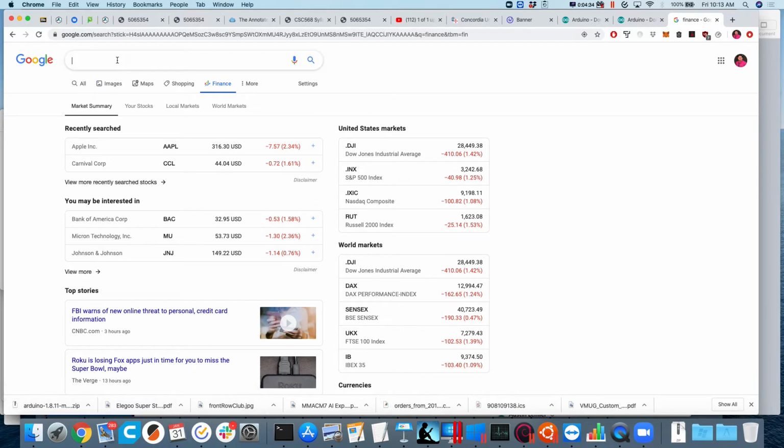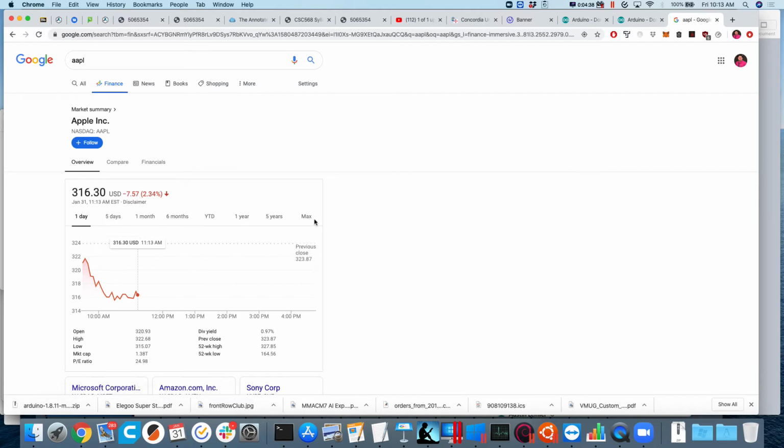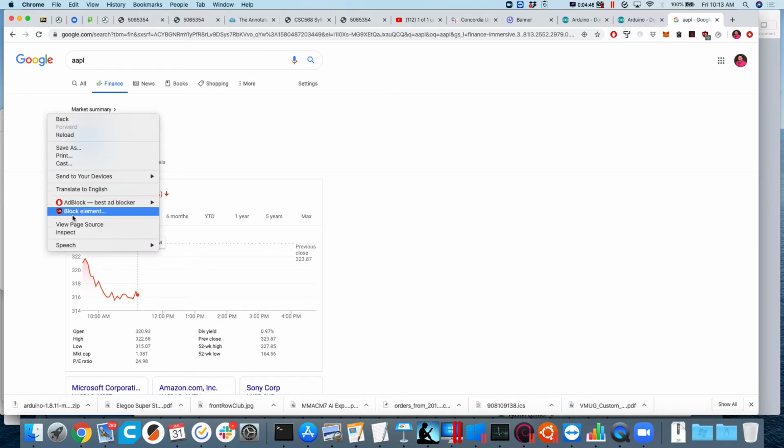You might have a page like this. We'll go to Apple stock price. So a page like this that is showing the current stock price of Apple, and if we look at the page source for this, somewhere in here there'll be that $316 number for the current price of Apple, right?